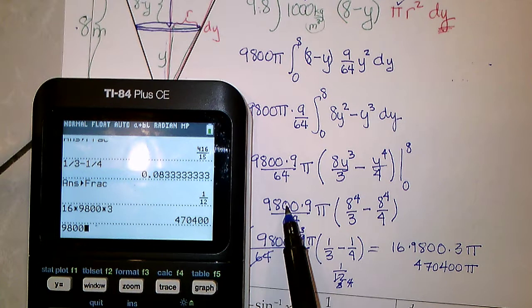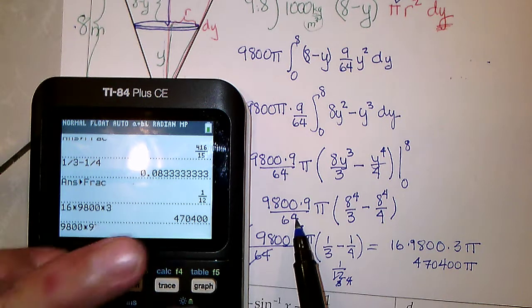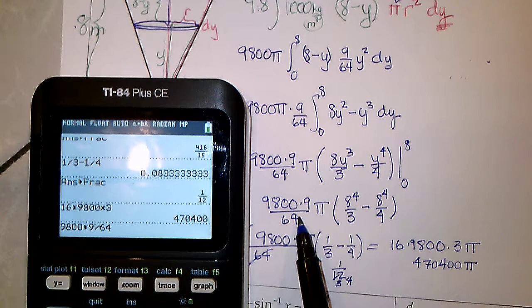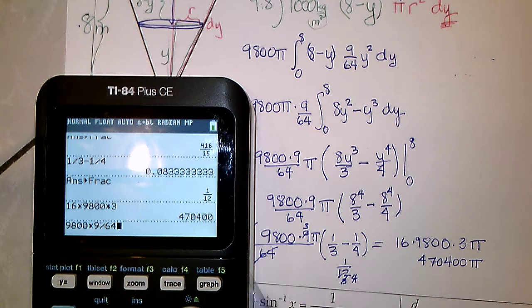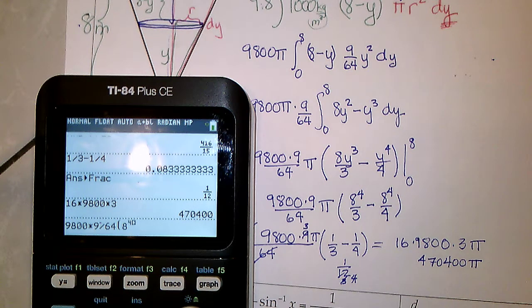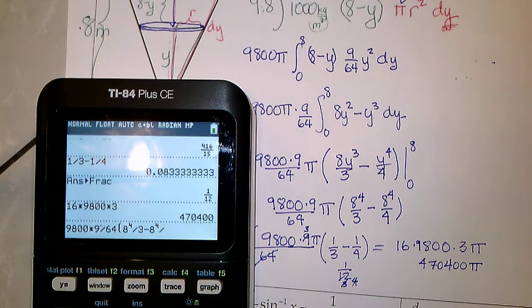Let's just make sure I did that right by going back here and doing 9800 times 9 divided by 64. And I'm going to keep the pi out for a moment. So I got to do parenthesis 8 to the 4th divided by 3 minus 8 to the 4th divided by 4.